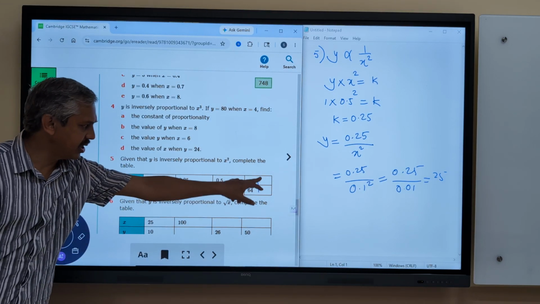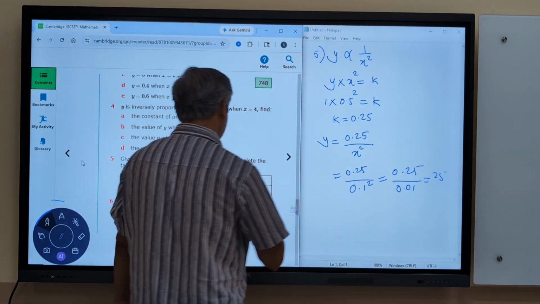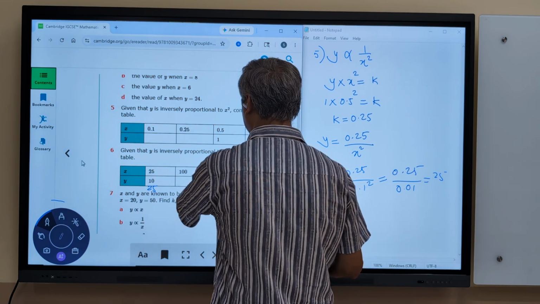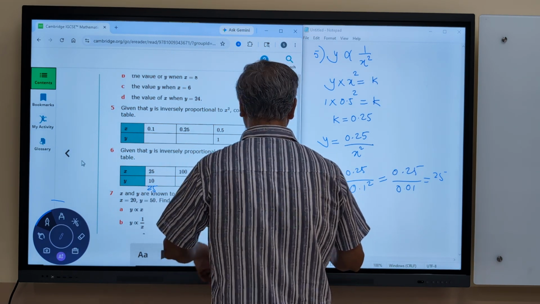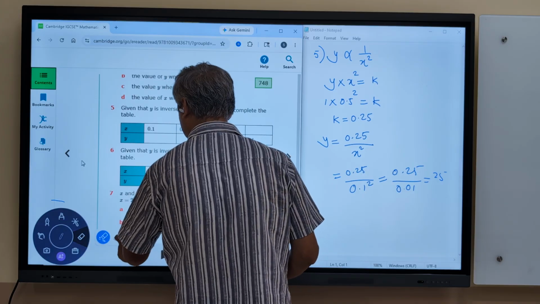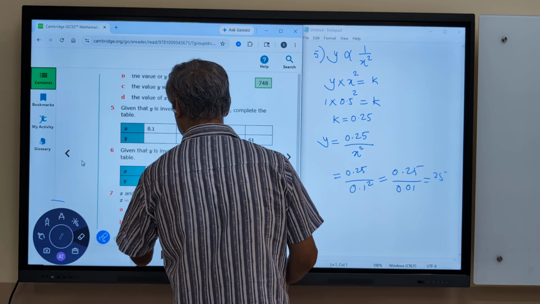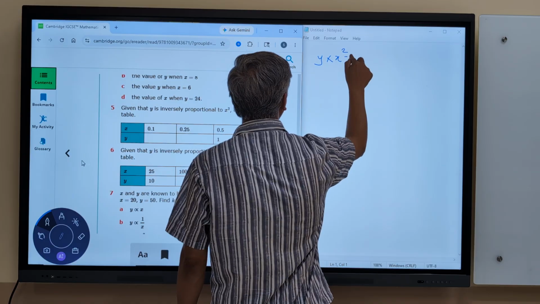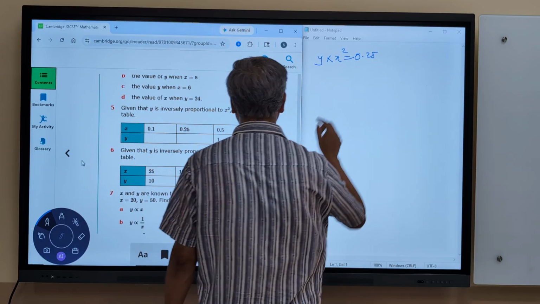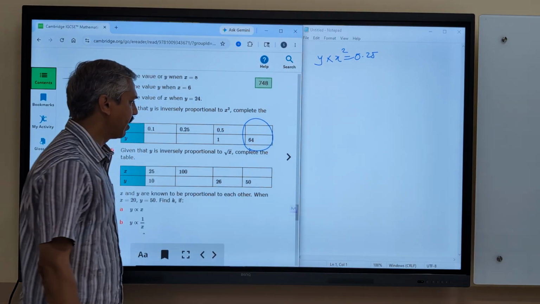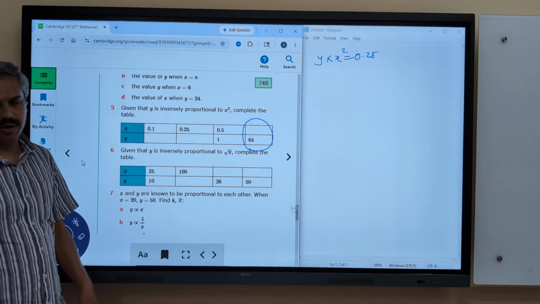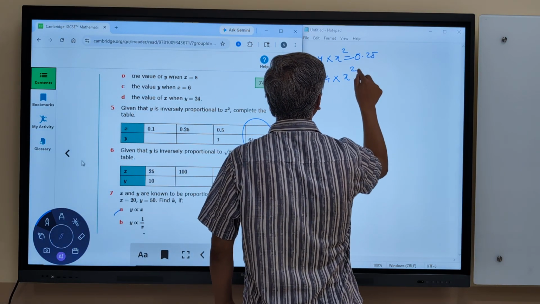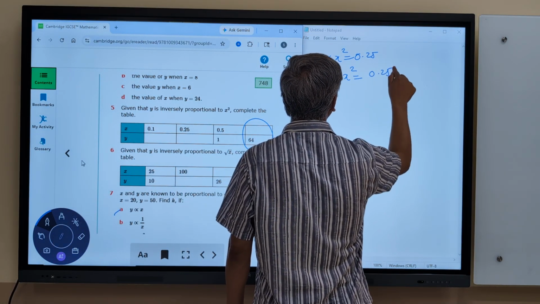We'll take this example last. We have y into x square is equal to 0.25, and we're solving this. So when y is 64, we have 64 into x square is equal to 0.25.